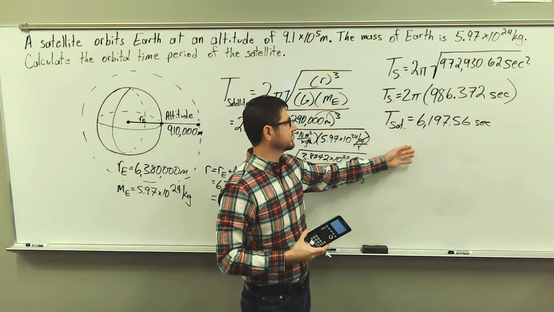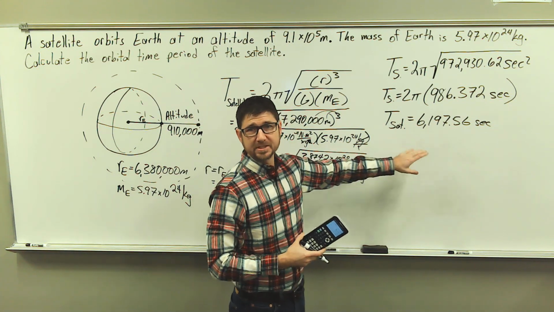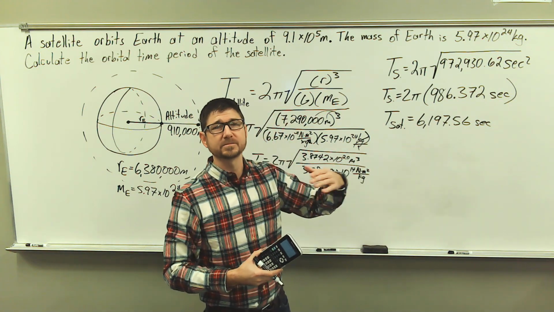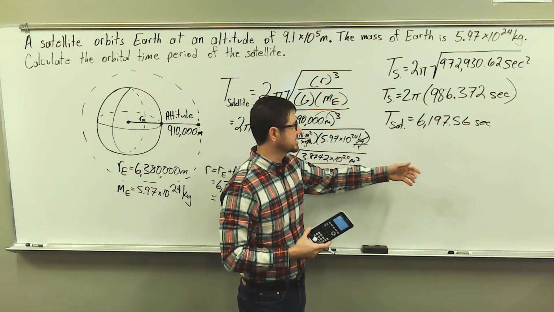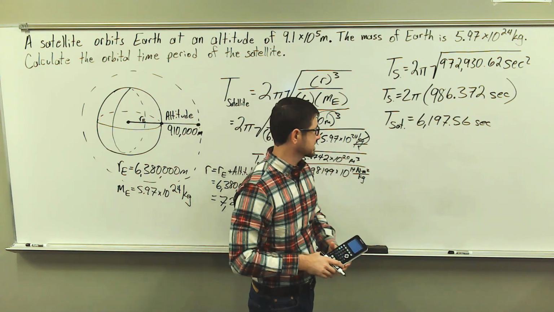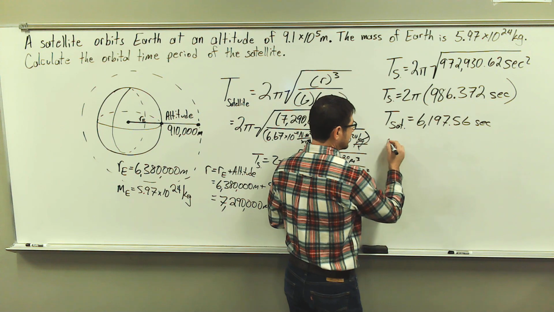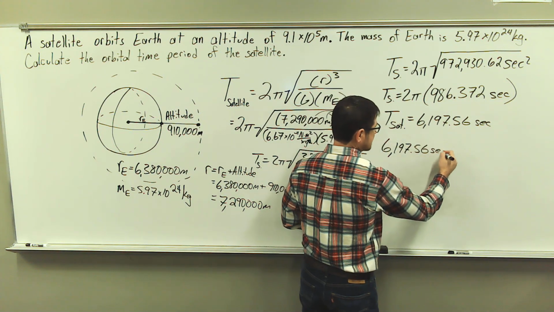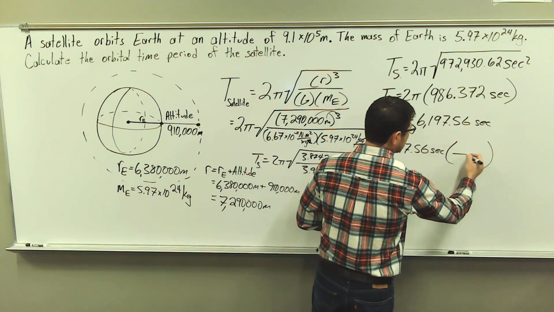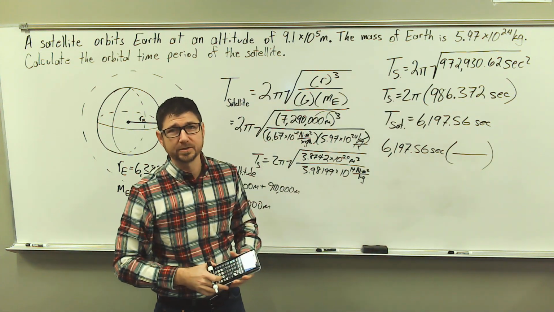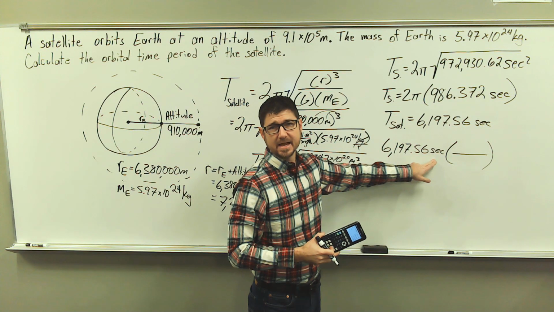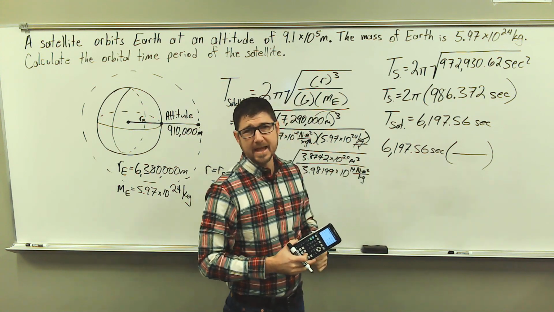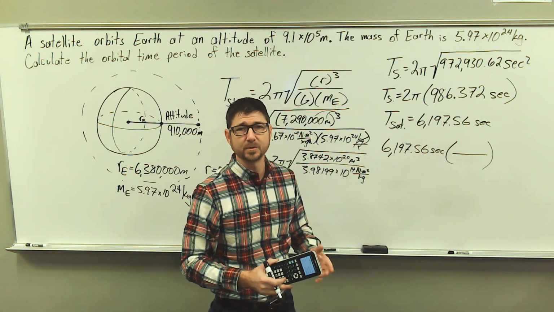Now let's go ahead and do some dimensional analysis and convert from seconds to minutes and then from minutes to hours. Okay? So what we have here is 6,197.56 seconds. We're going to multiply by a ratio that is going to cancel the units of seconds. And so we know that there are 60 seconds in 1 minute.